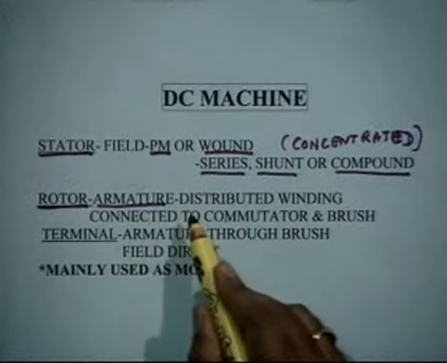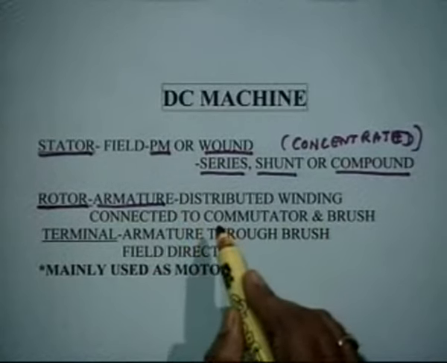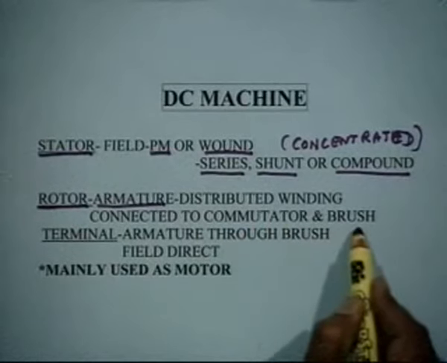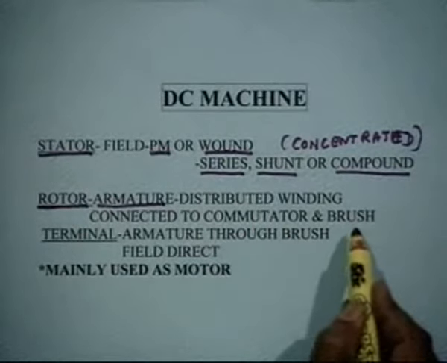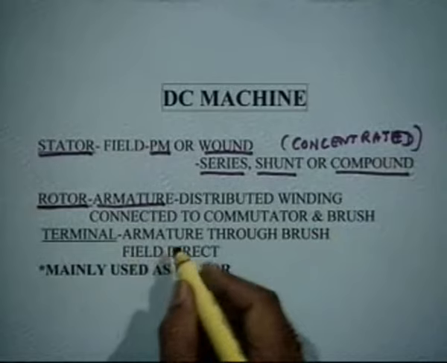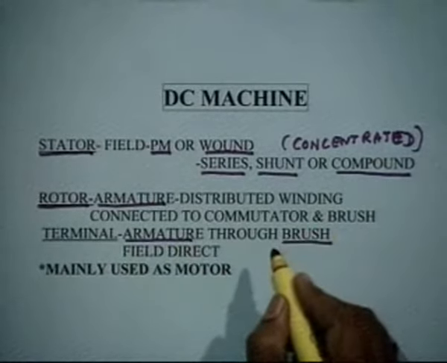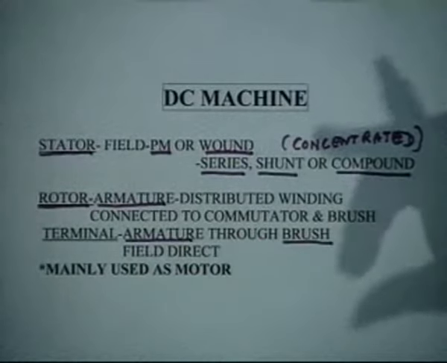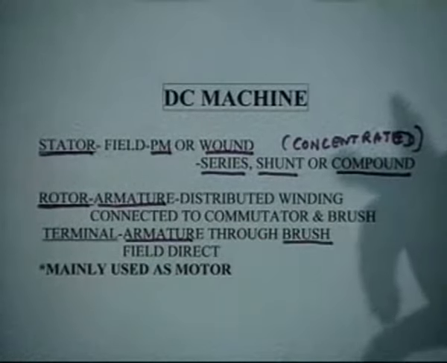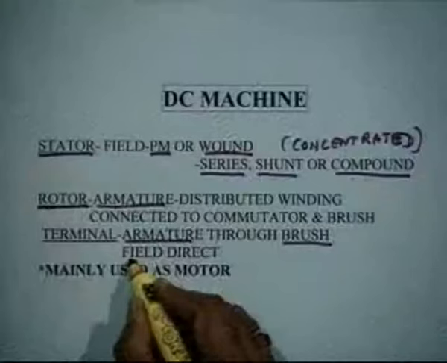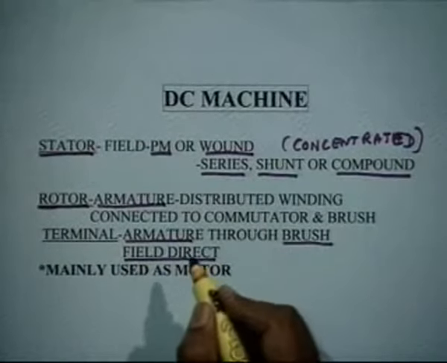Each armature coil end is connected to a pair of commutator segments, and then to the brush which comes out. So what is your terminal? The armature terminal is the brush terminal. The armature terminal of a DC machine is accessed through the brush, and therefore you have two terminals minimum, and then the field terminals, which you can take directly from the stator.